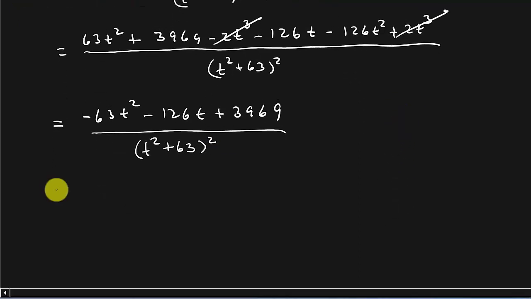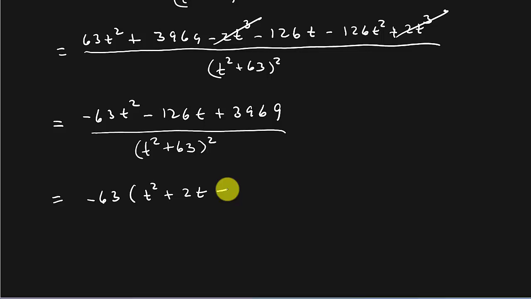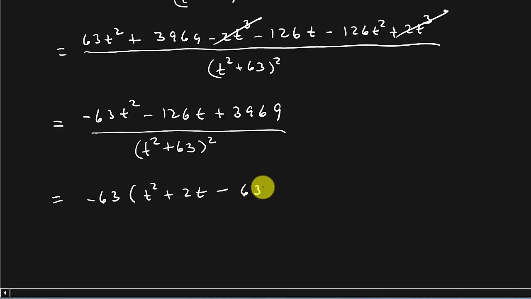Now let's see if we can factor out a negative 63. So that's going to be t squared plus 2t minus, 3969 divided by 63 is 63.